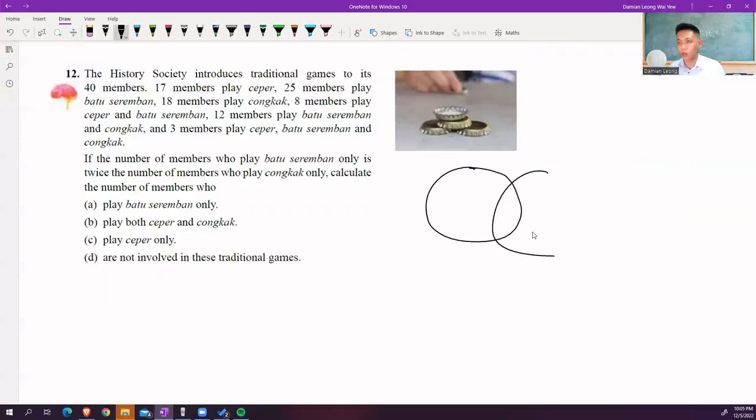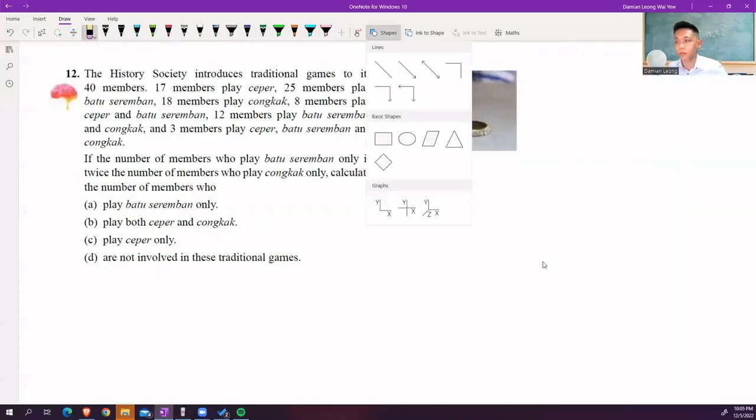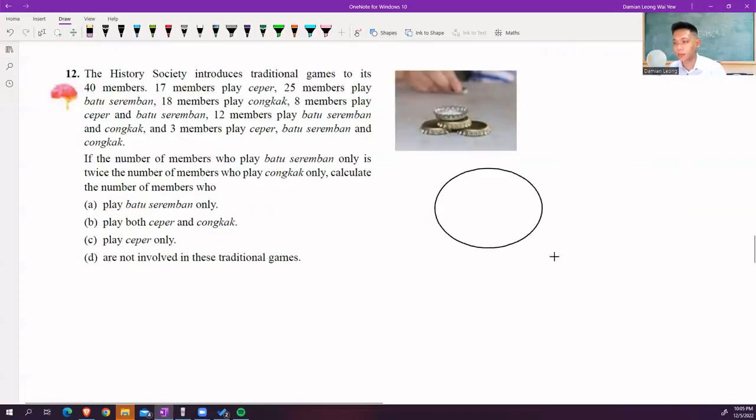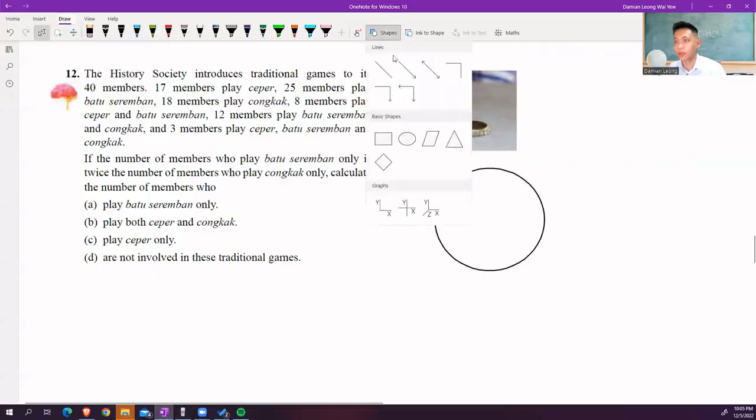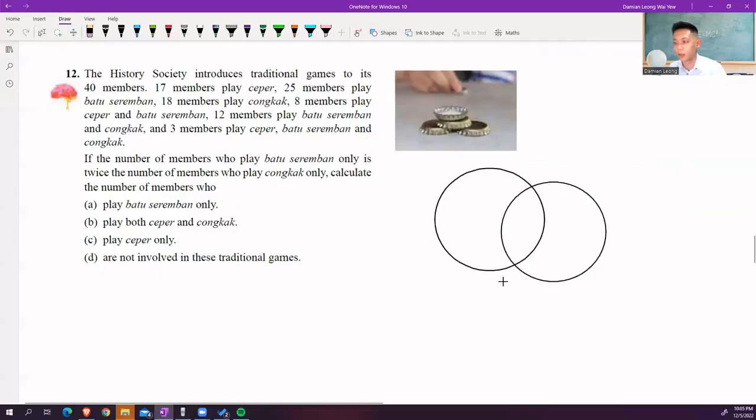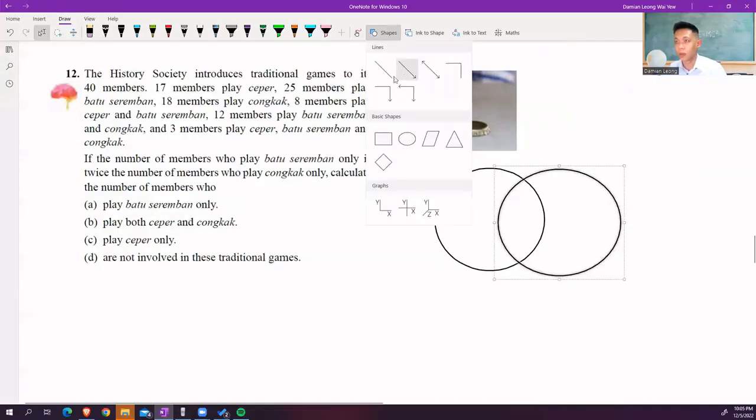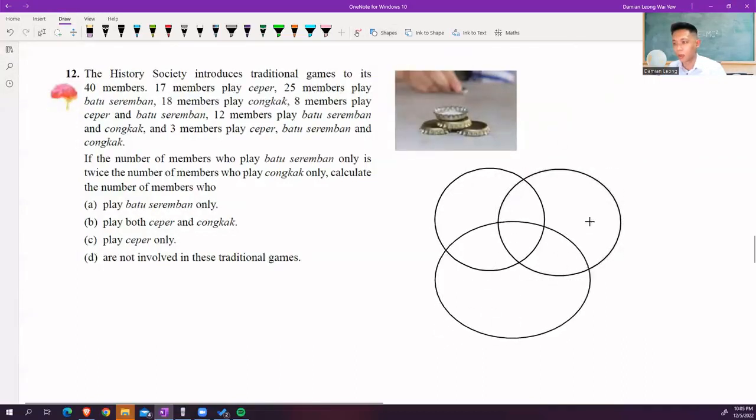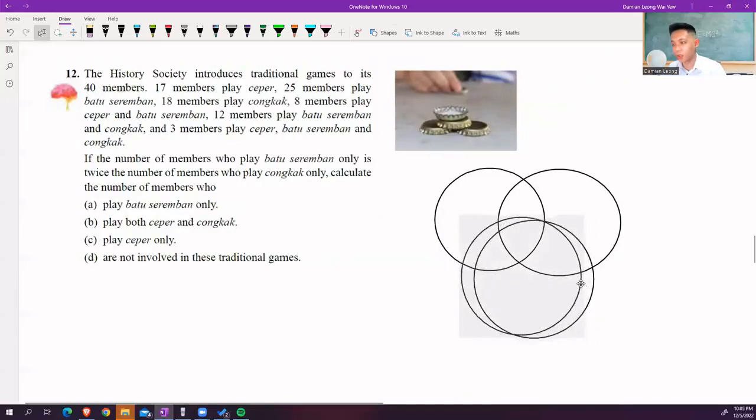Also 3 sets. Maybe use this, it looks better. If you don't use circles, you can even use other shapes also.